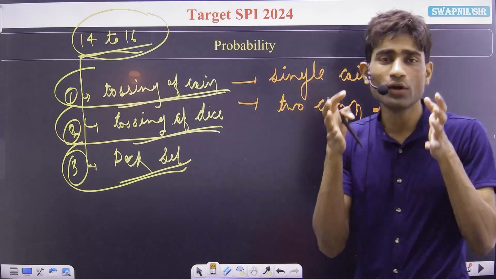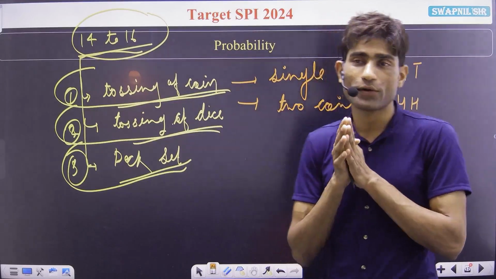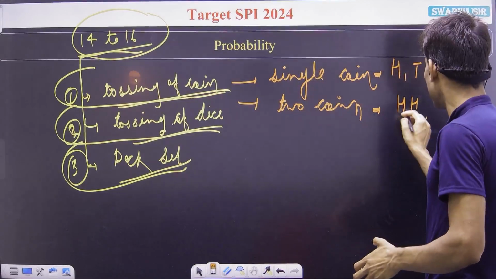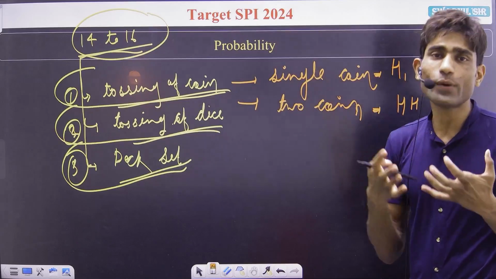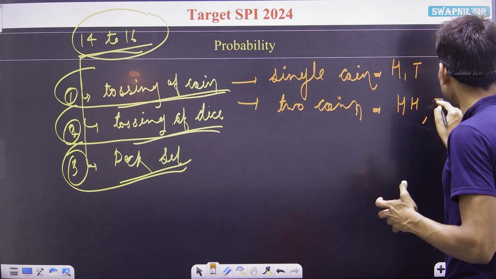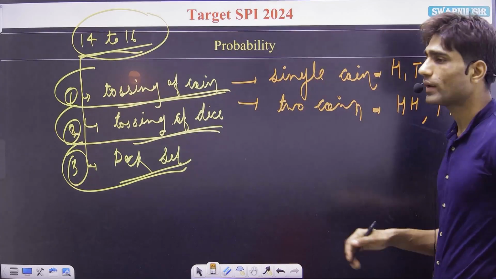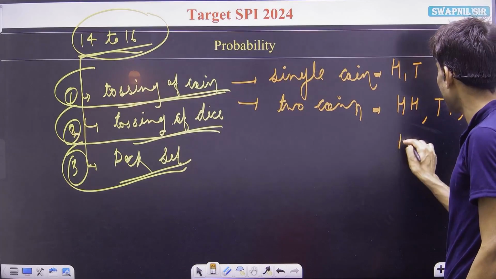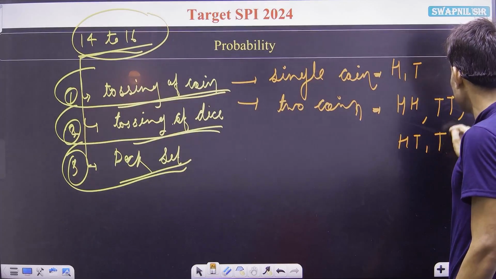That means the outcome comes in the form of an ordered pair. The first outcome is both heads, the second outcome is both tails, the next outcome is head-tail, and next is tail-head.